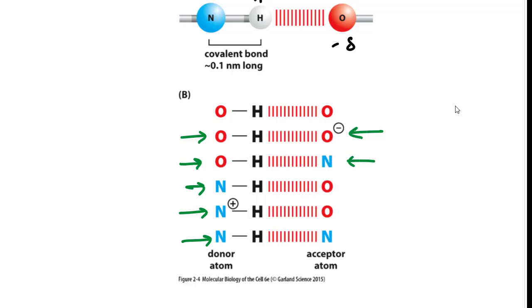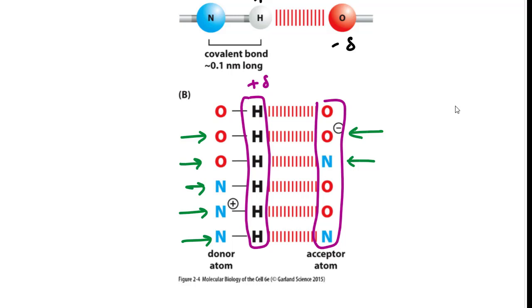So that is a hydrogen bond, and it's an electrostatic interaction, because in all these cases, all these hydrogens here they all have a partial positive charge. And all these things here are going to either have a partial negative or they have a full negative charge on them.